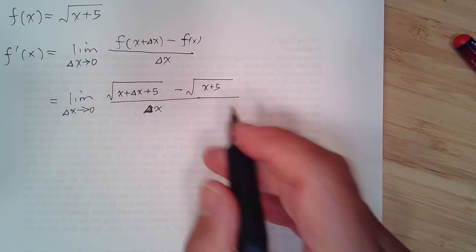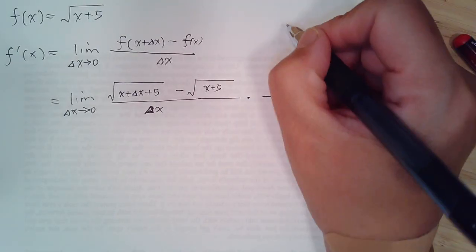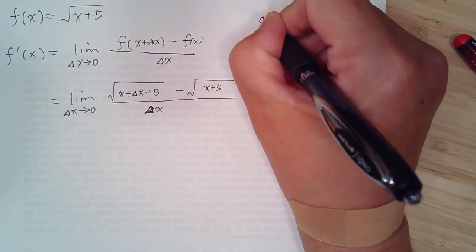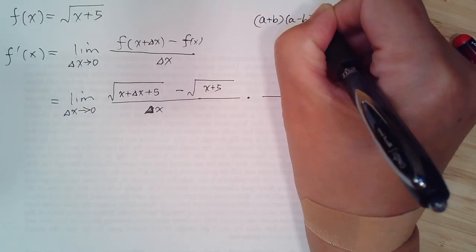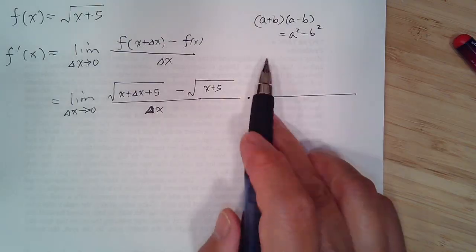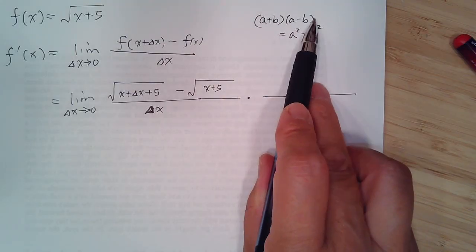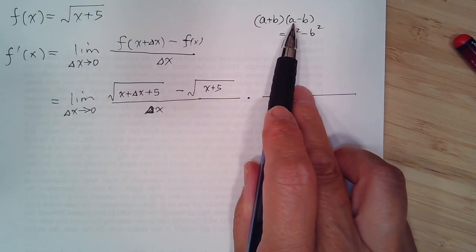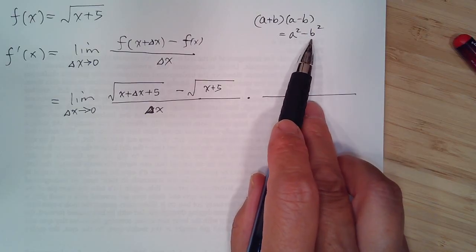So what I'm going to do is I'm going to ask you to multiply by this plus that. And the reason is because both have a square root. But if we have a plus b and a minus b, the formula will be a squared minus b squared, right? So in that case, if I have a square root here, square root here, and then if I multiply by almost like the conjugate, I shouldn't call it conjugate, but it is the square root of something minus another one, you get something square and minus another square.